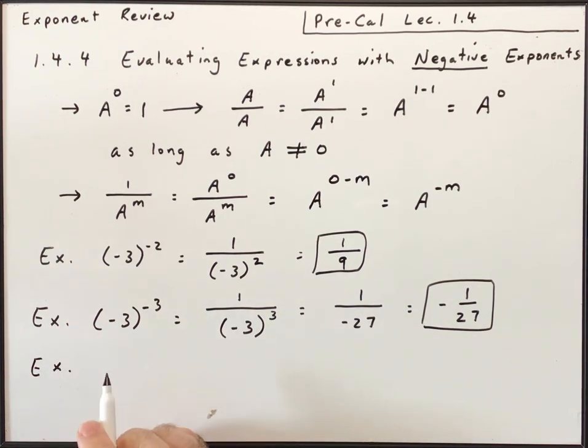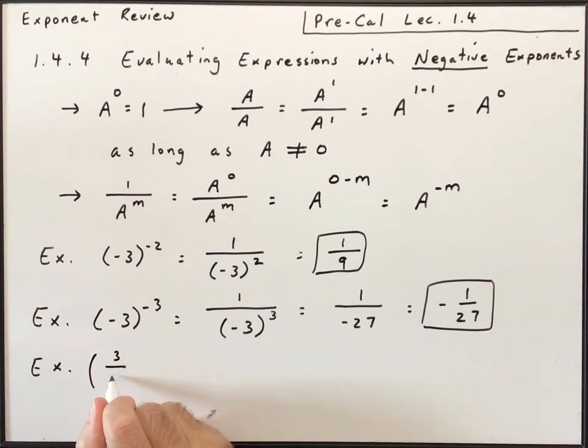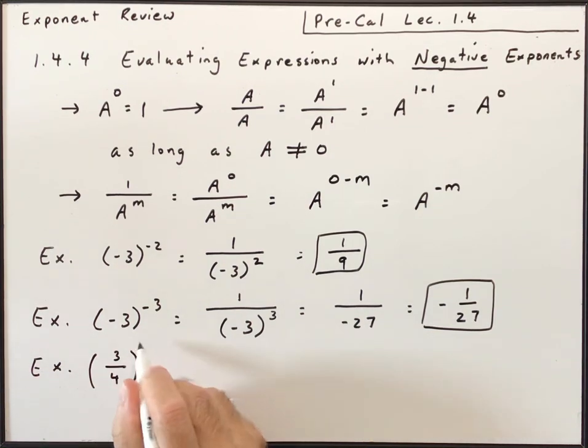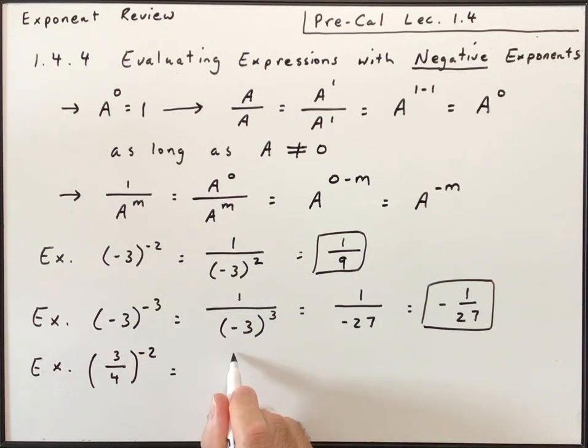All right, let's say we have 3/4 to the negative 2 power. Now I'm going to show you a shortcut here in just a second. But first of all, let's do it the long way. So this would be the same as 1 over 3/4 squared.